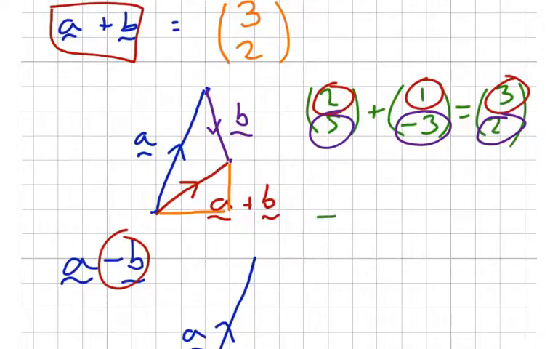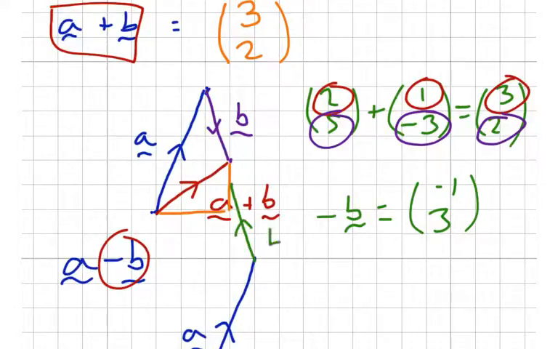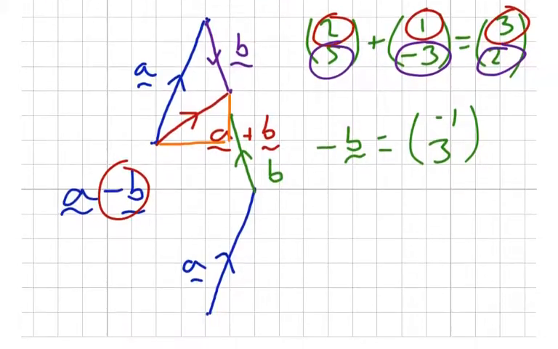So minus B equals (-1, 3). So it will be minus 1 across and 3 up. It's going to intersect slightly with our last drawing. 1 across and 3 up will take us to there. So our resultant goes from the very beginning, there, up to there. That would be A minus B there.